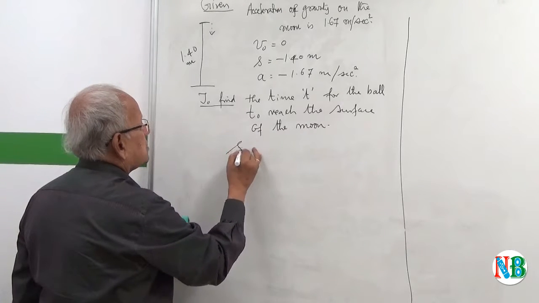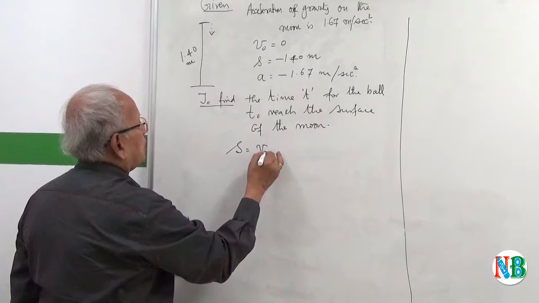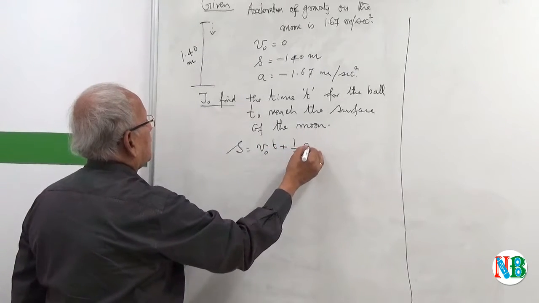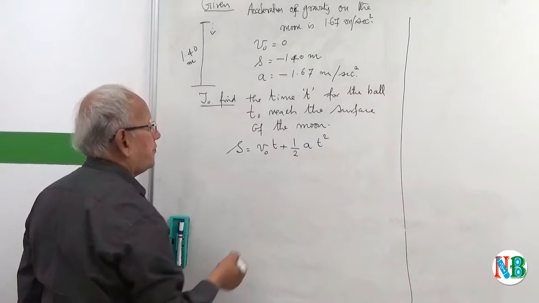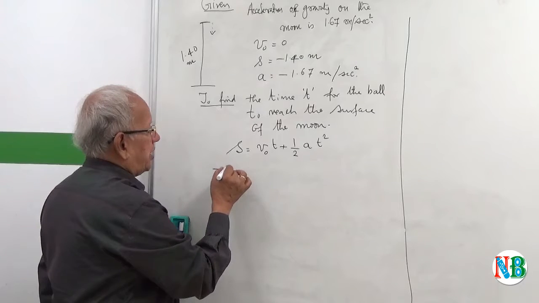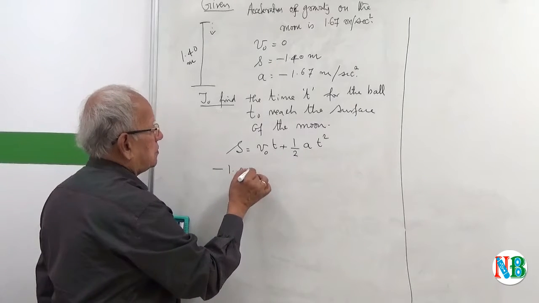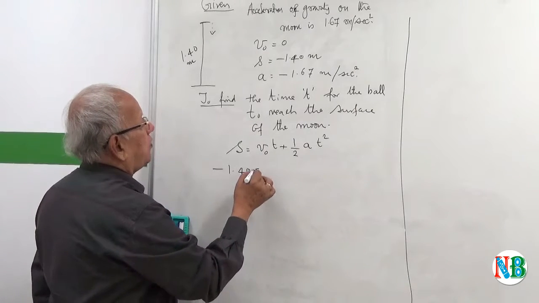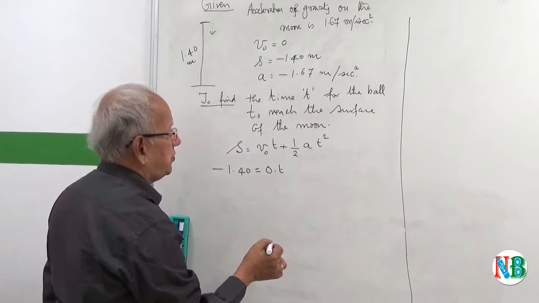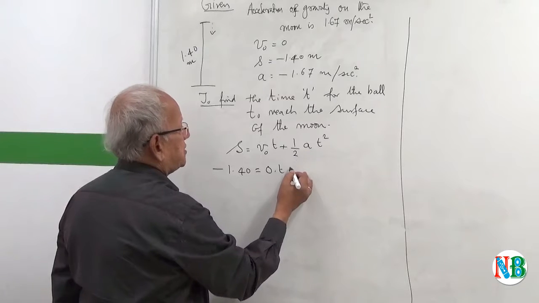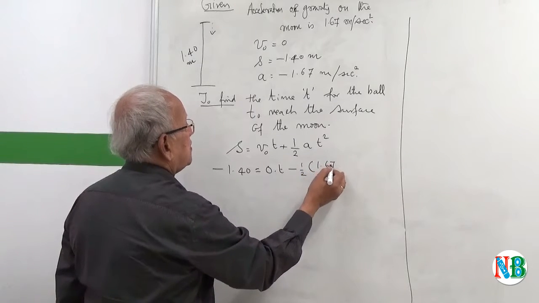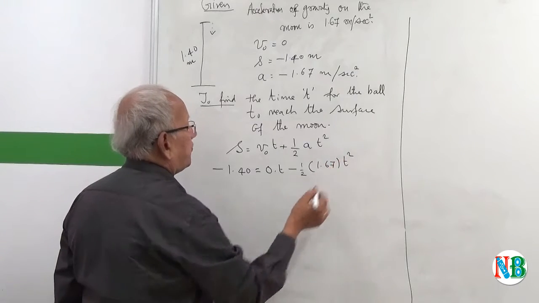S equals v naught t plus half a t square. Now substituting the values here, this is minus 1.40, is that right? And 0 times t, so we don't have to bother, v naught is 0, and then acceleration is negative, so minus half 1.67 t square.